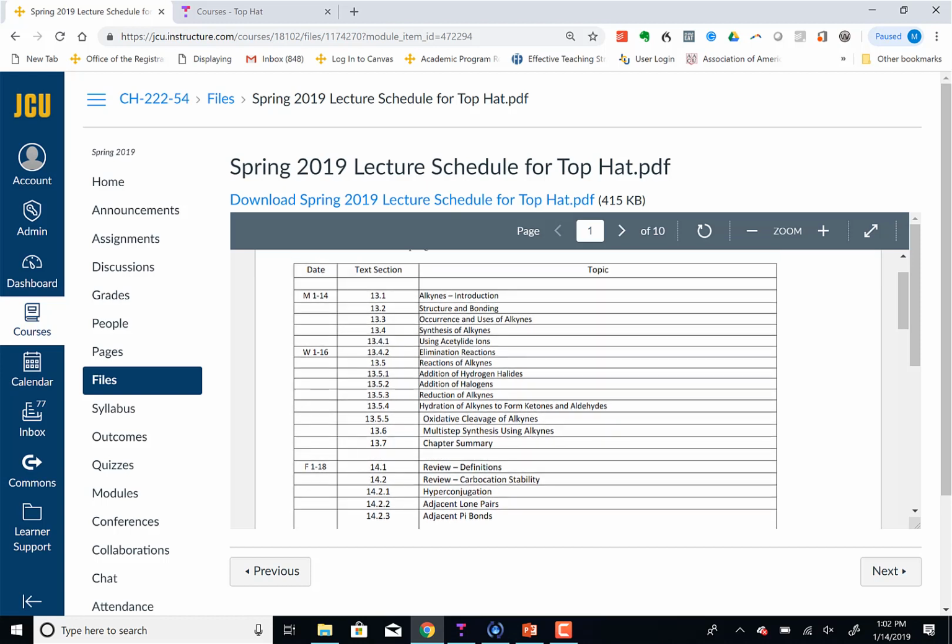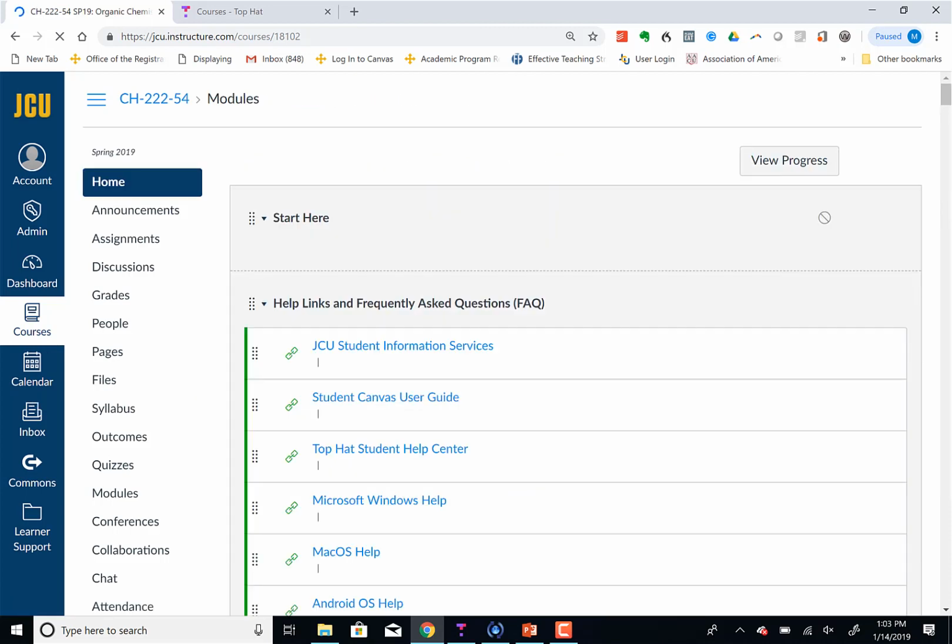I'm transferring that into each day so that when you open up a folder for the day, the first thing you'll see is what sections of the textbook we're going to talk about and what topics we're going to look at. But if you want to print this out, you can print it out and keep track of it. Otherwise, it's going to be directly in each day's folder.